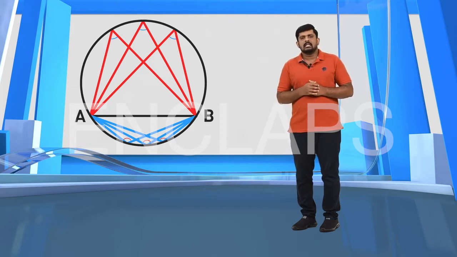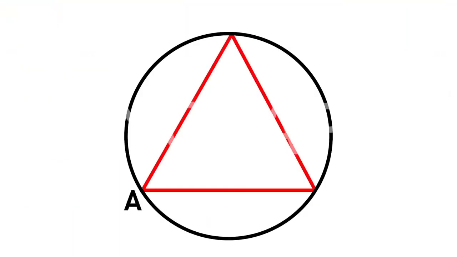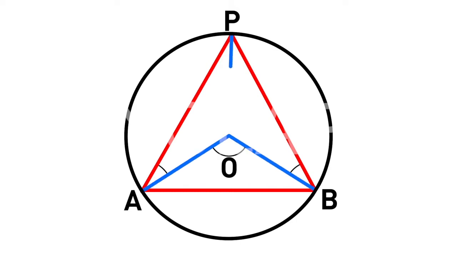We are going to analyze the importance of angles which are made by the chord AB on the upper part of the circle. To analyze the importance of these angles, consider any single angle. That is, the chord AB is making an angle APB at the point P. Join OA, OP and OB.